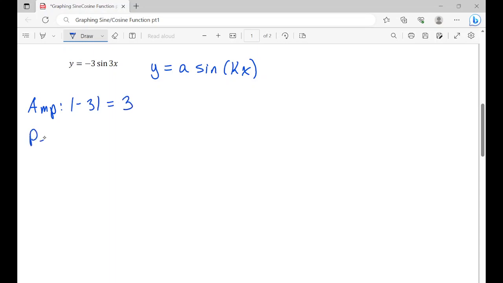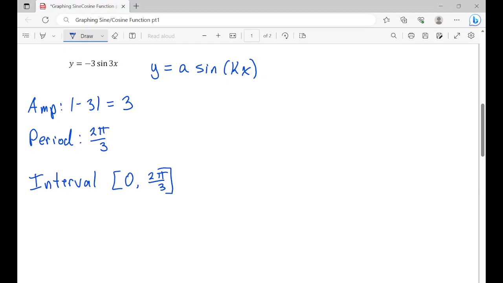And then the period is just going to be 2 pi over k, so 2 pi over 3, because there's a 3 next to x. So 2 pi over 3 is going to be the period. And so the interval that I'm going to graph is going to be from 0 to 2 pi over 3.